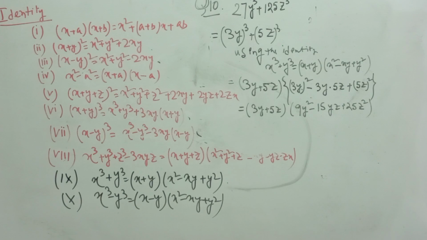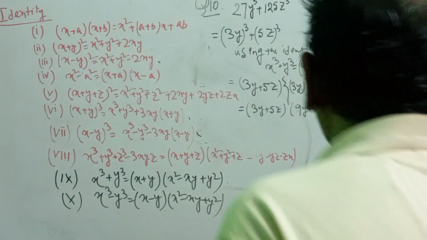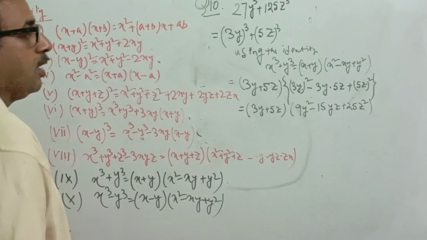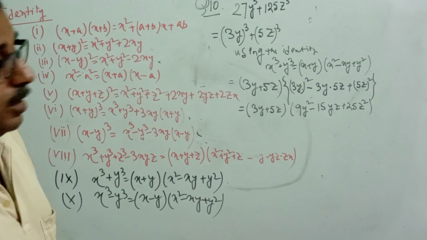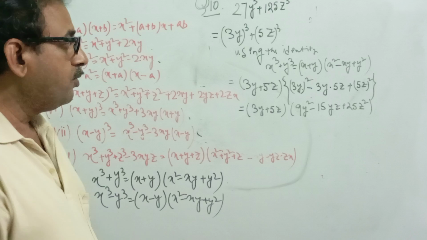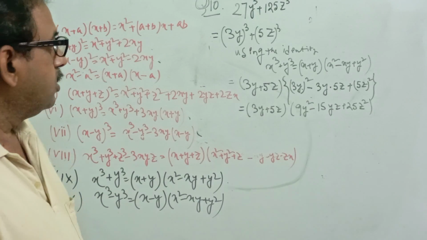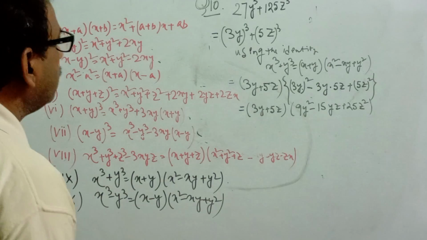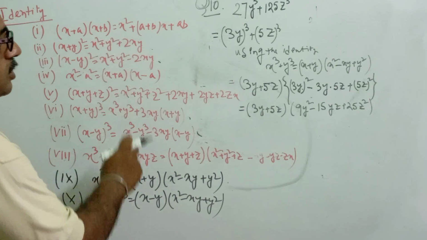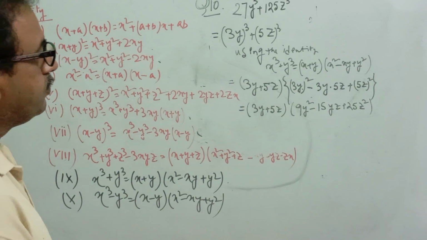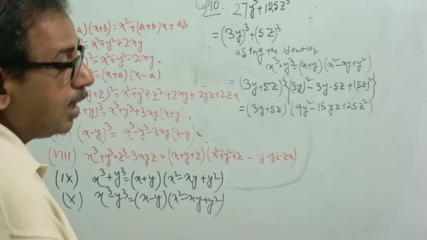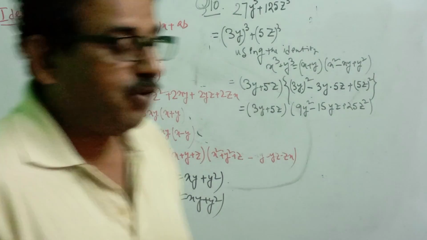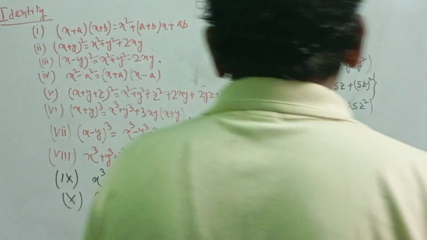Now what happened? See that this is also a polynomial, but it is a quadratic polynomial of two variables. If there is a quadratic in two variables, we can't use this identity, so we go to the factorization theorem.